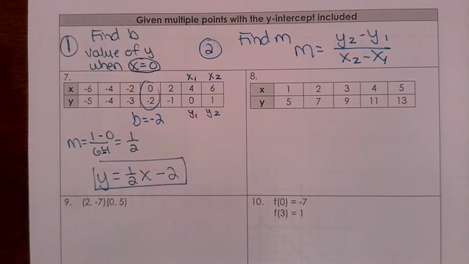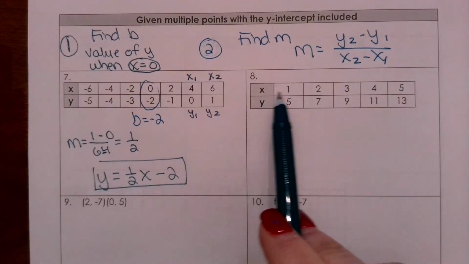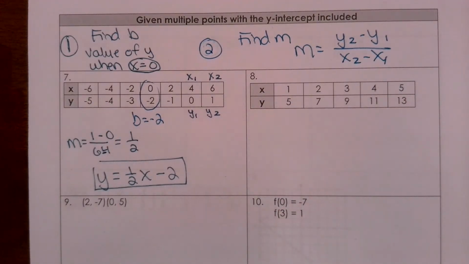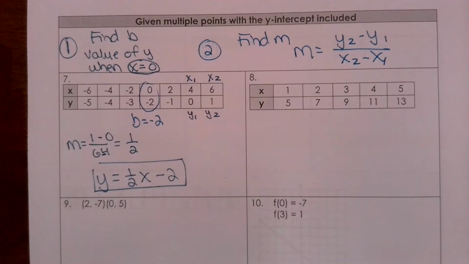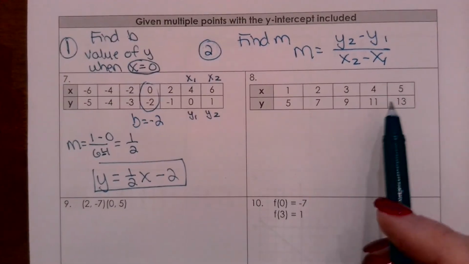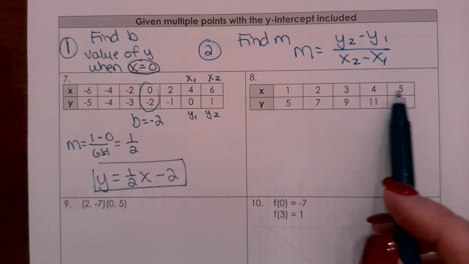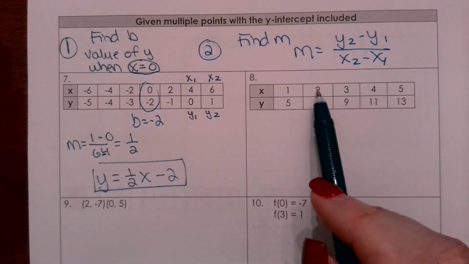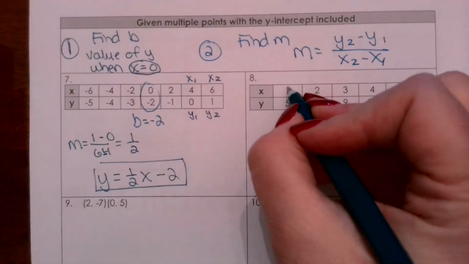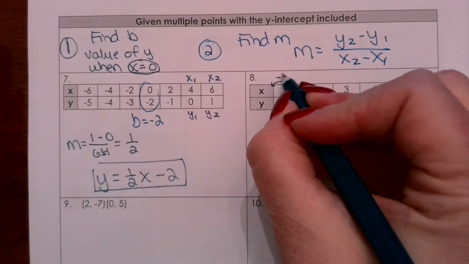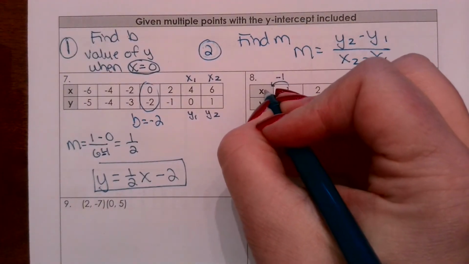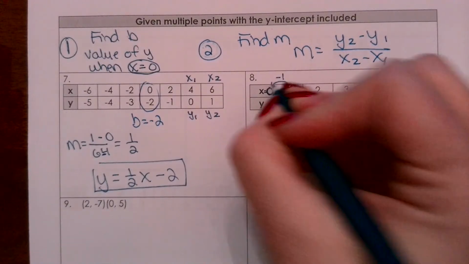Alrighty. If I look over at this next table of values, I need to look for where x equals 0, and I don't see it. So let's see if I can figure out a pattern in my x values. It starts over here at 5, and it goes down 1: 4, 3, 2, 1. So my suspicion is if I subtract 1, I'm going to get x equals 0.